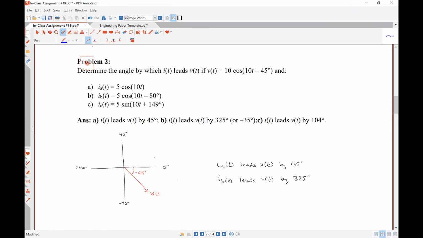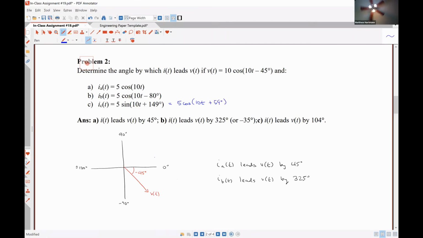We have to convert it to the cosine. Absolutely right. If you have a sinusoidal function, you need to convert it to a cosine so that everything is on the same scale effectively. So 5 sine 10t plus 149 degrees is going to be 5 cosine 10t plus what? 59 degrees. Absolutely right.